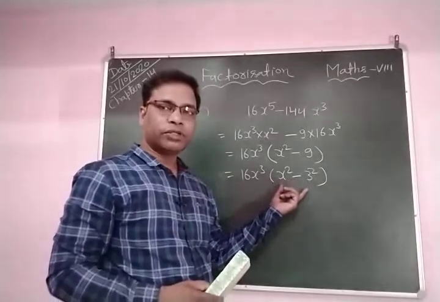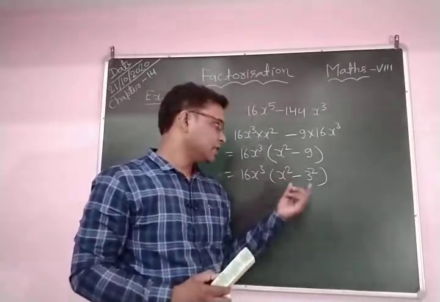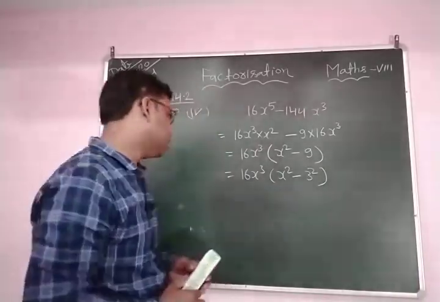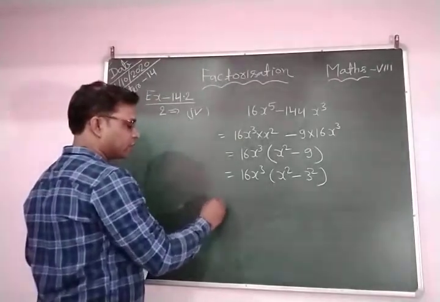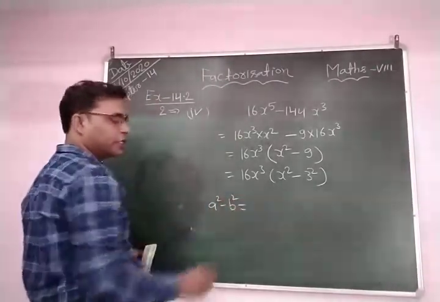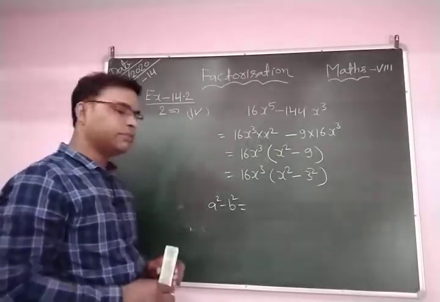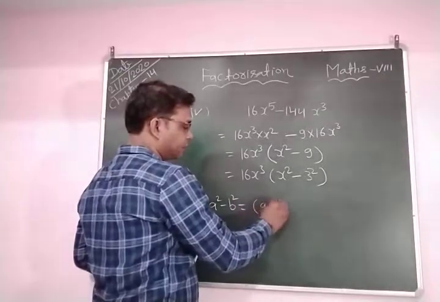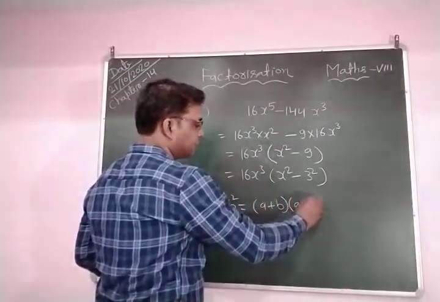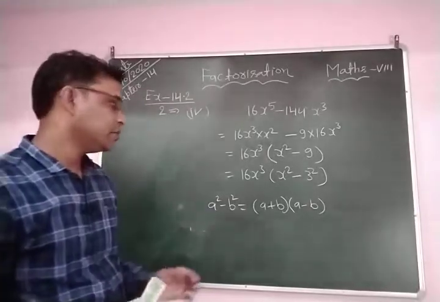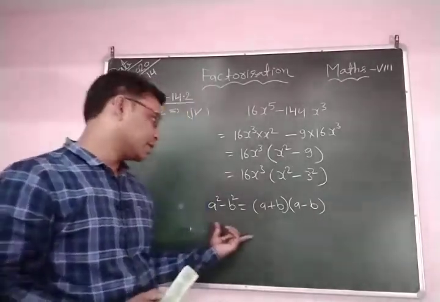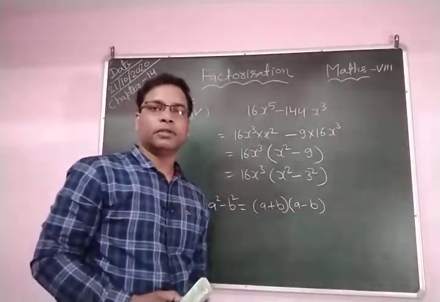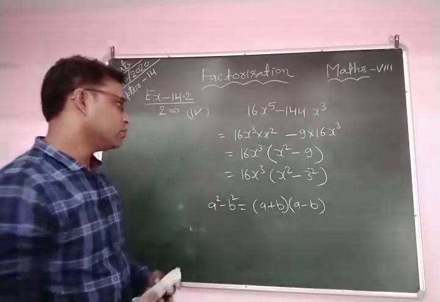I hope all of you remember this algebraic expression, x² − 3². I hope all of you remember a² − b², a difference of two squares. You can write it as (a + b)(a − b). Clear? a² − b² is equal to (a + b)(a − b). This is okay.